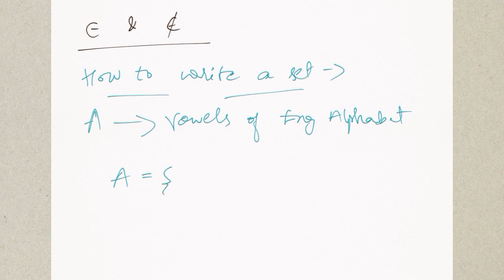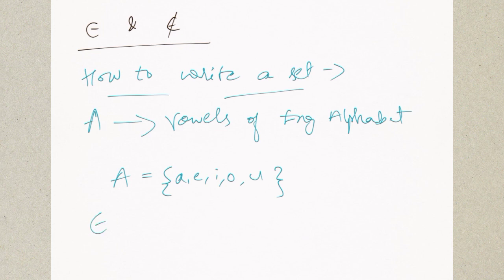In the flower braces or curly brackets you should write the particular elements. Elements are nothing but all the vowels A, E, I, O, U. These should be enclosed within the curly brackets. This is very important. I have to discuss these two things, so first I'll introduce them.